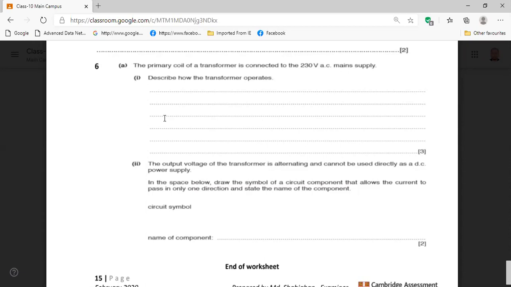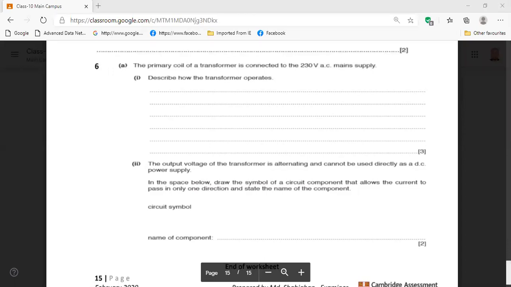So how can you write it? Anyone can tell me now. An iron pole cuts through the magnetic lines, producing induced EMF. So where are we getting induced EMF? In the secondary, right? In the primary, we are giving the voltage or EMF.